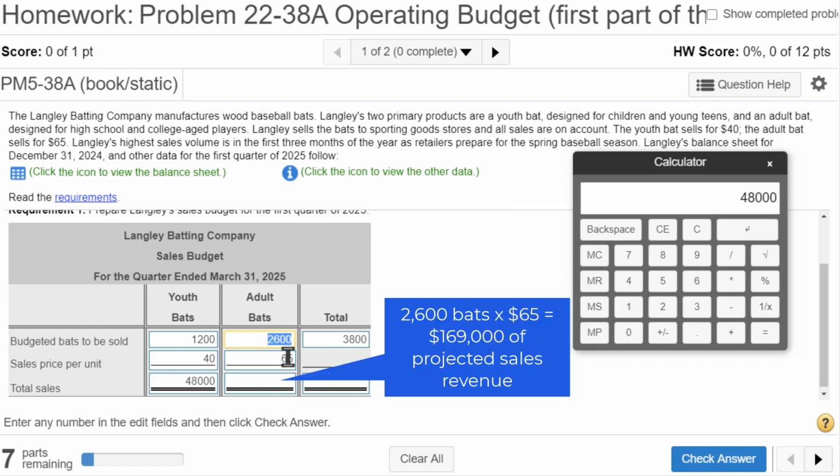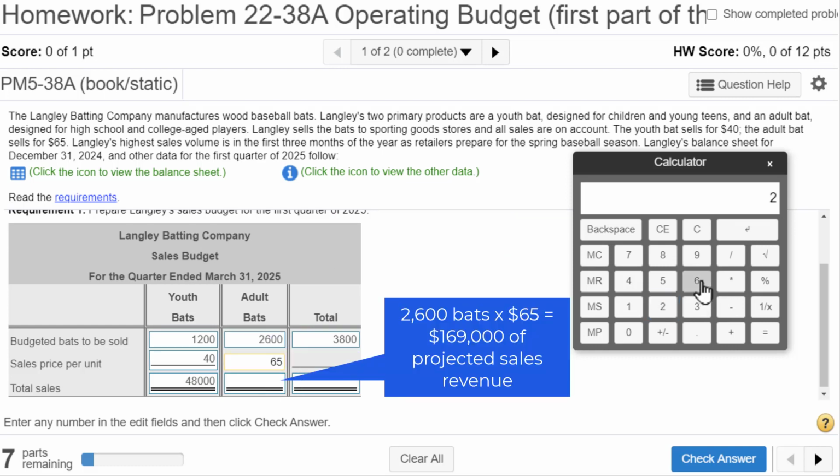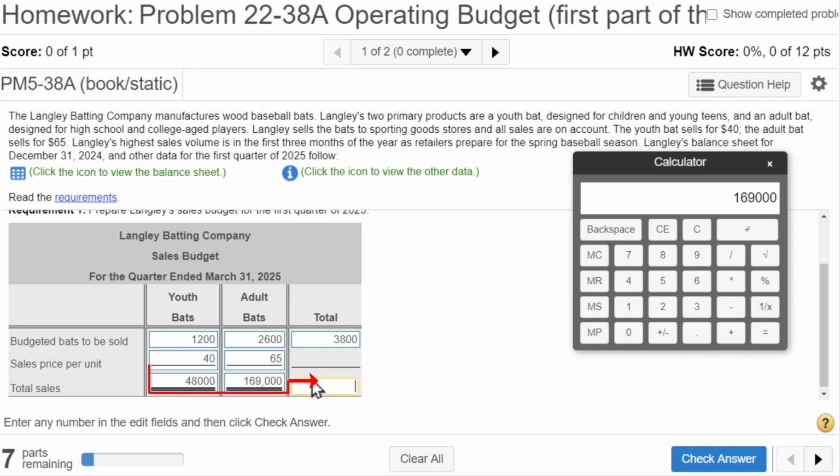For adult bats, 2,600 times 65 is $169,000. So 169,000 plus 48,000 gives us $217,000 of projected sales revenue from bats.